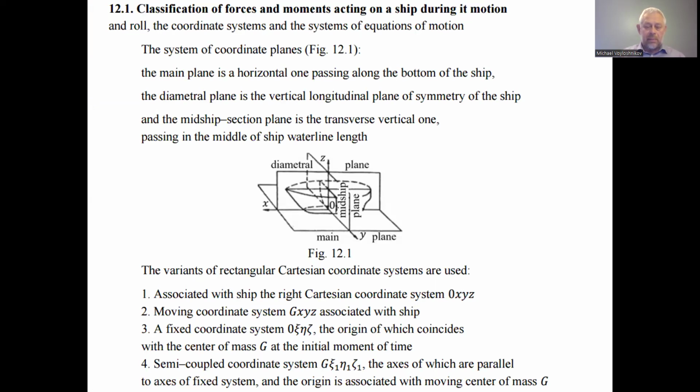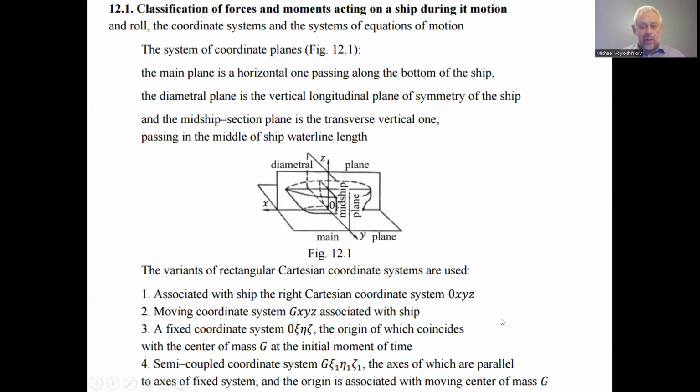And when the considered planes of the ship intersect, we thus determine the Cartesian coordinate system axes. So what axes can be used to find the elements of the ship motion, like ship rolling or motion under controls? First, the Cartesian coordinate system associated with the ship.